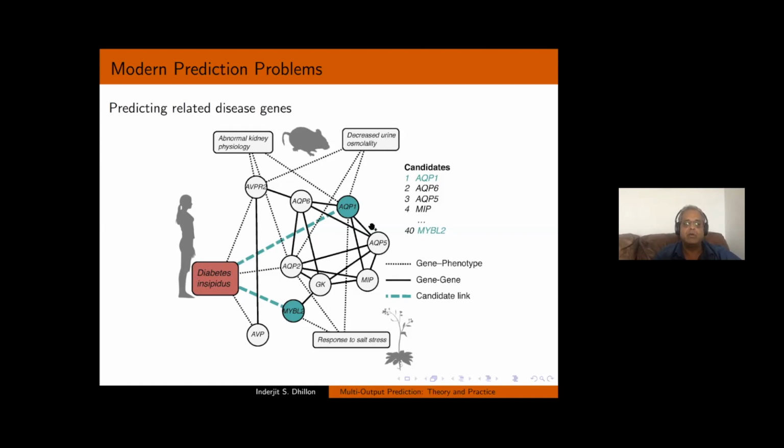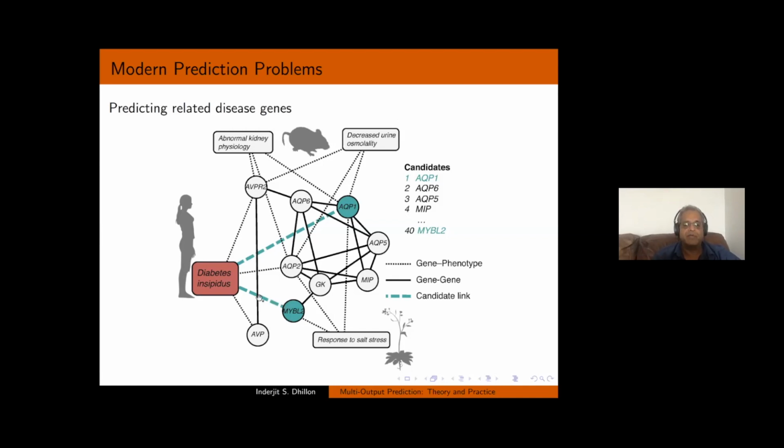Edward Marcotte worked, I think, for about a decade, to get functional gene networks. A solid edge denotes a functional relationship, for example, between the gene AVP and AVPR2. The biologists worked really hard to get this functional gene network from various sources.